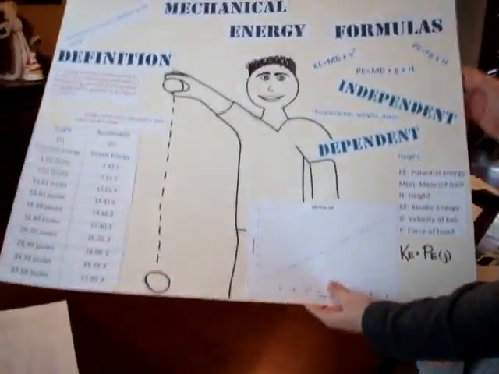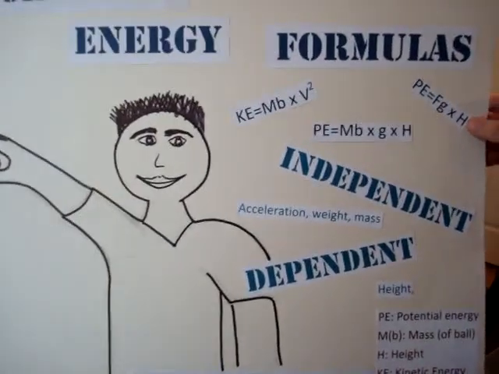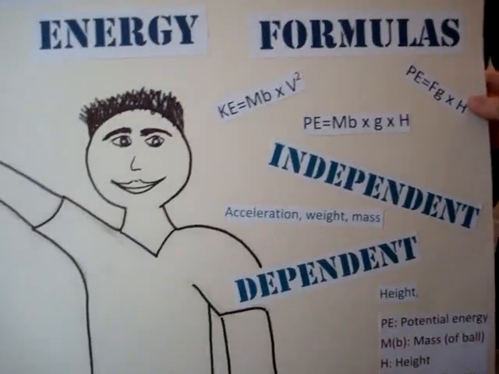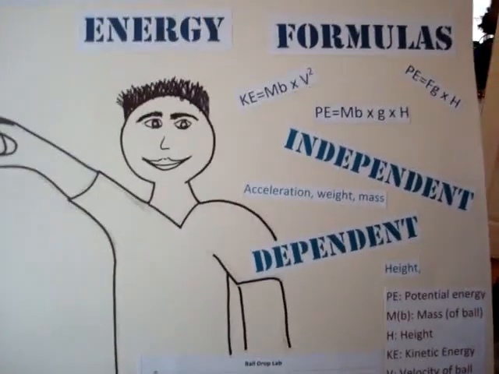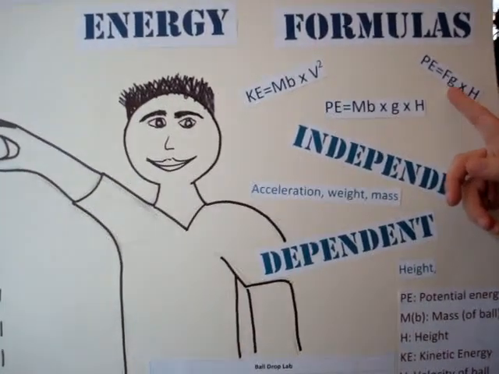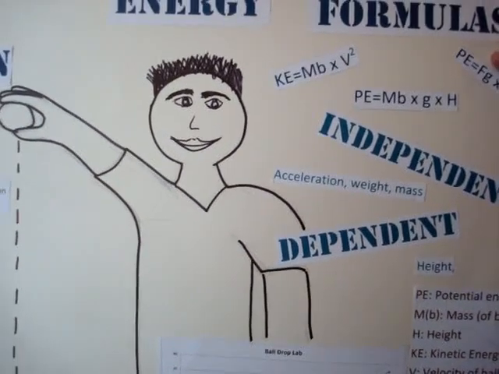These are the formulas we use. This is just a common, everyday formula for potential energy, which is the force of the hand times the height. You can see we use that because the force of the hand is 9.81, as we have learned in Mr. Kavanaugh's class.